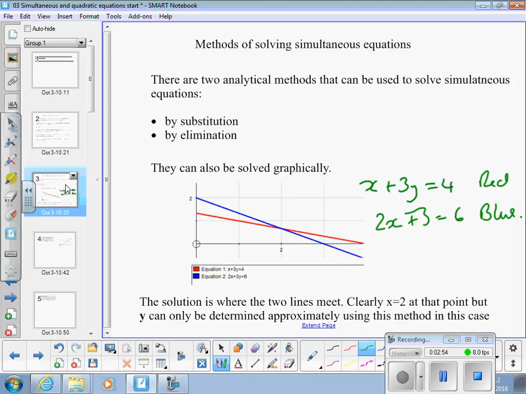So the solution to those two equations, x is equal to 2, but what can we say y is equal to? Approximately 1.4 maybe, something like that. Looking at that, 1.3, 1.4. So that's what we can get from the graphical solution.